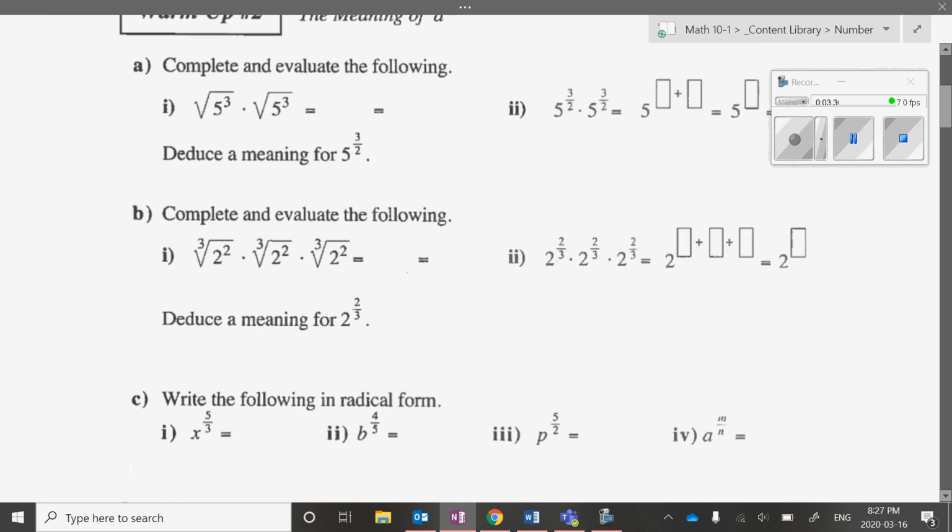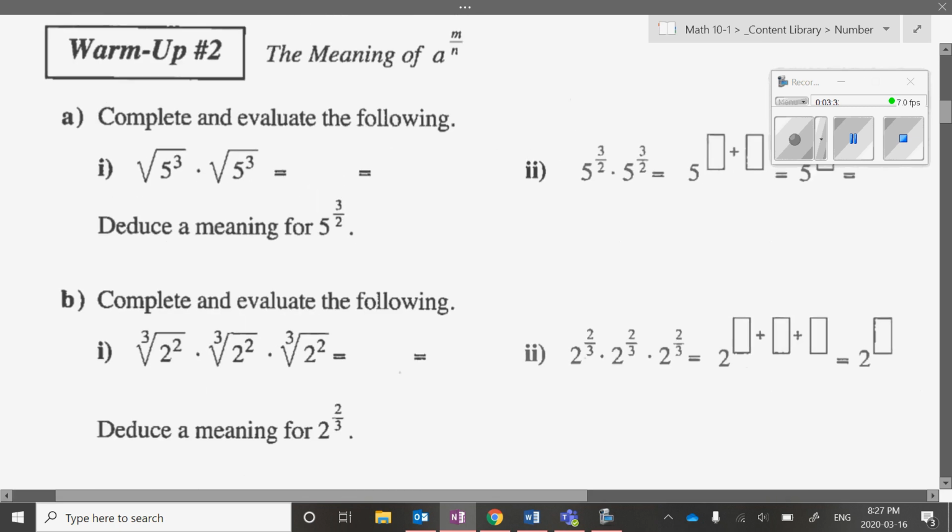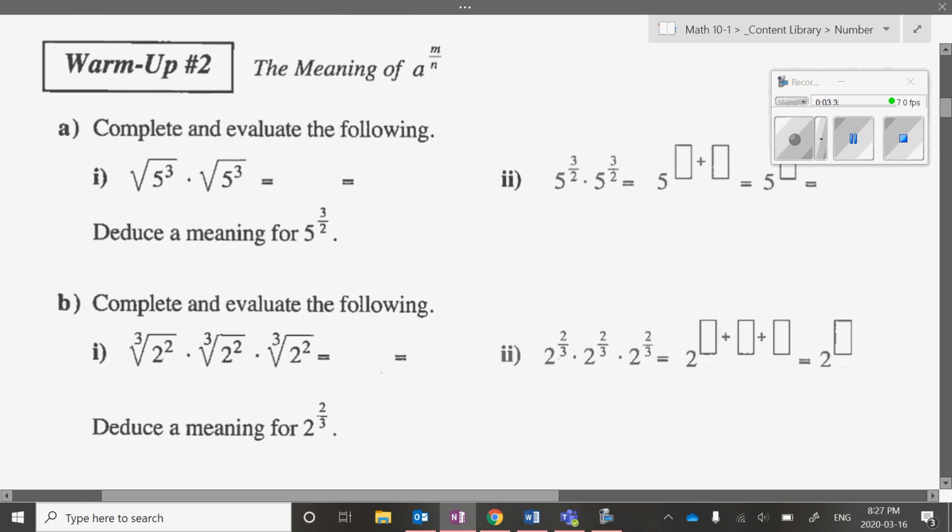This gets to be a little bit more complicated. Not much, just a little bit more. So in these questions, we have a root and an exponent here. So the square root of 5 cubed times the square root of 5 cubed gives me just 5 cubed.